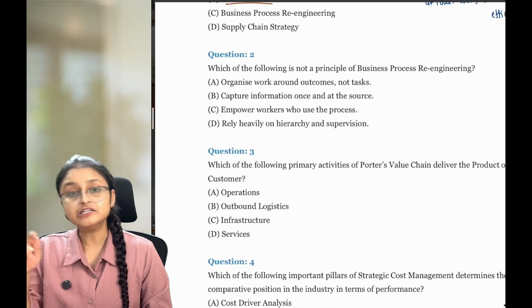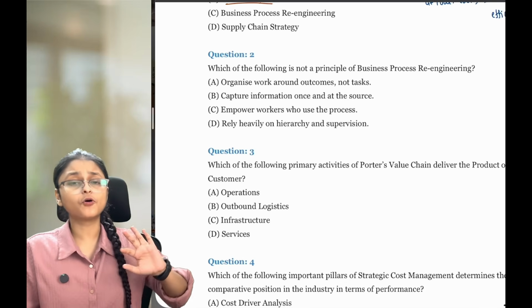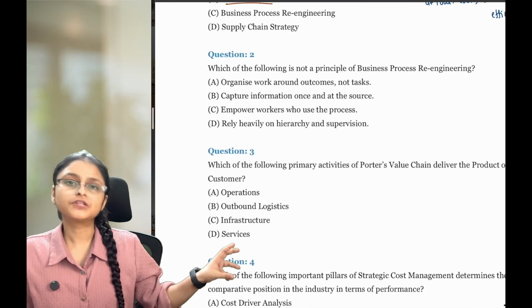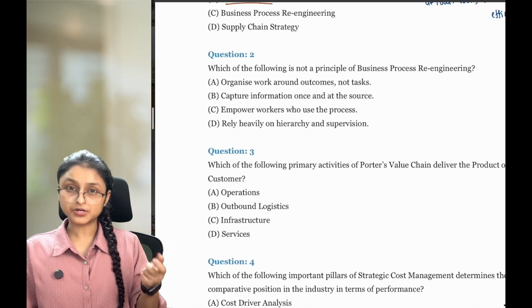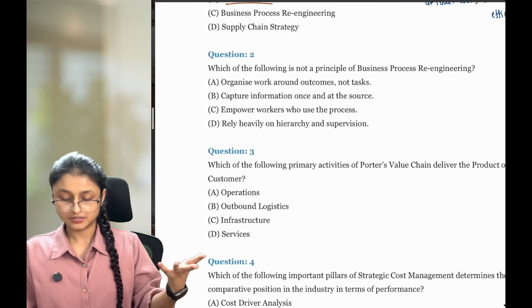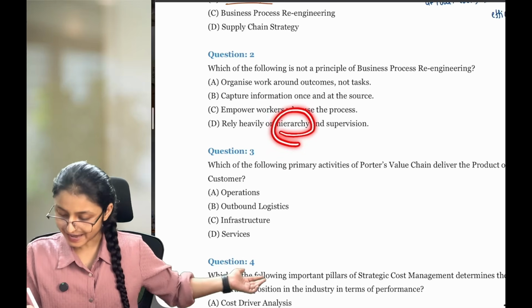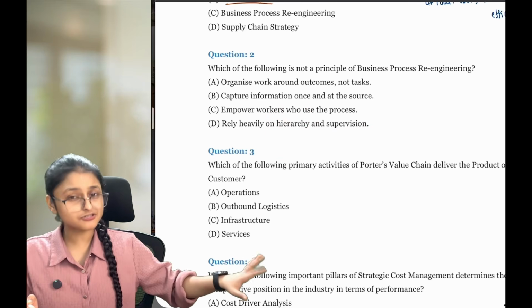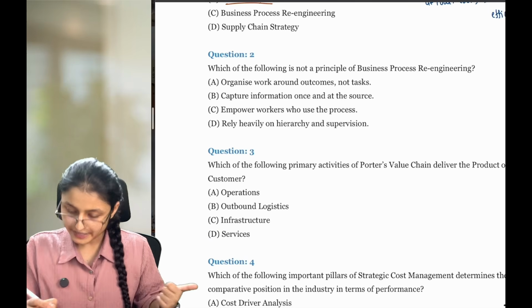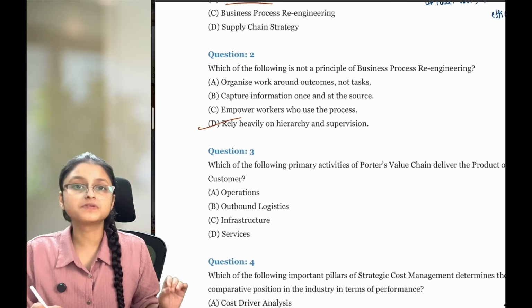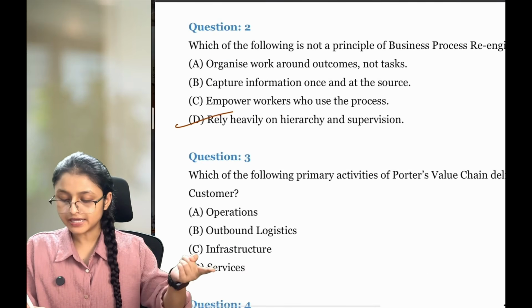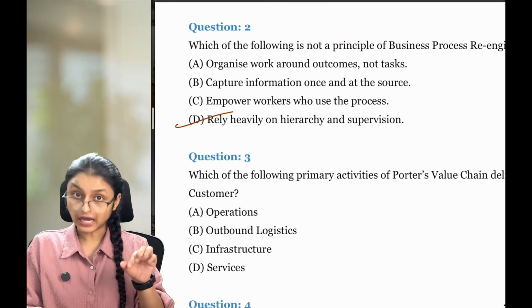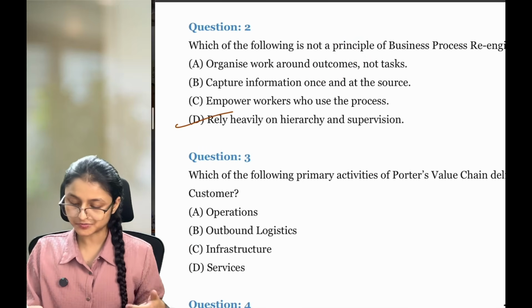Whenever we are reengineering, we are trying to remove all the traditional things which are limiting our power and our performance. If you notice, hierarchy and supervision is a traditional thing which is limiting our performance. Hence, this is not a principle of business process reengineering. Others, like focusing on outcome rather than task, are actually done in business process reengineering.